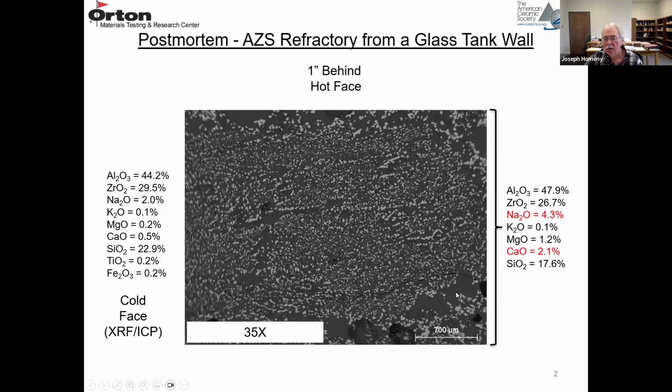The SEM EDS chemistry is about 48% alumina, 26% zirconia, and 17% silica. In red here, there's Na2O and CaO. That's infiltrated the refractory from the glass. So it's a soda lime silica glass.